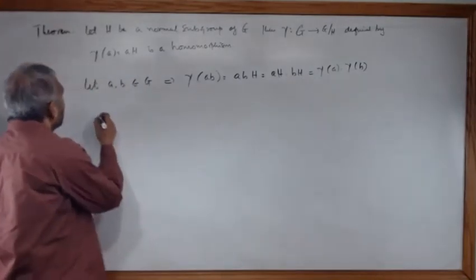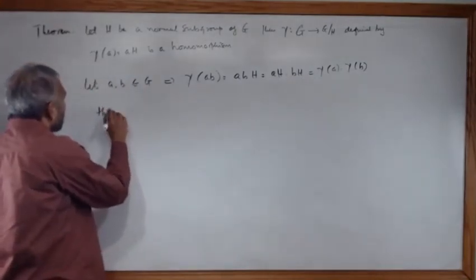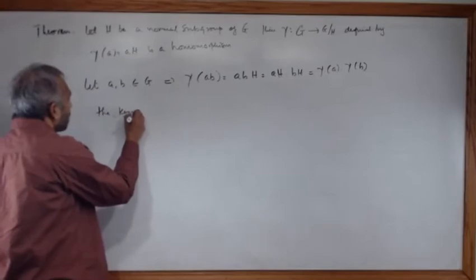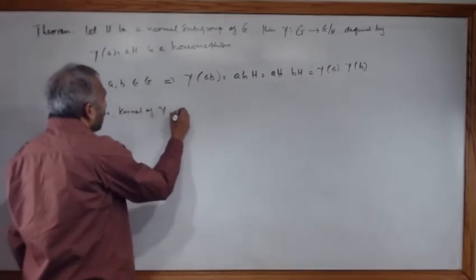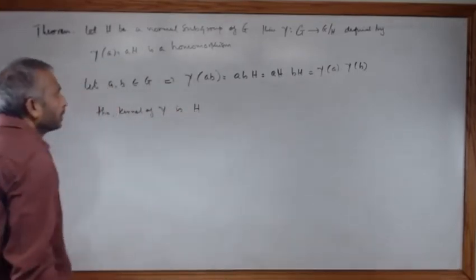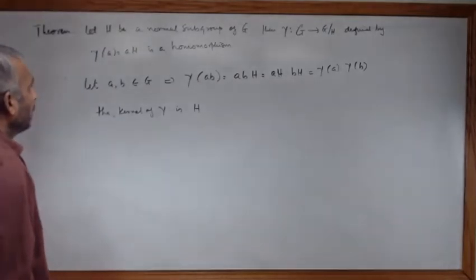And what is the kernel? The kernel of gamma is H. Why?